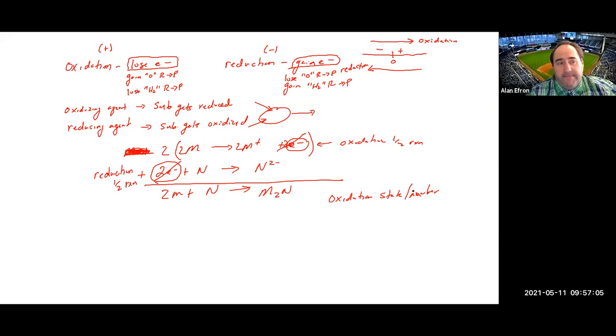A lot of times people have in their head the charges we associate with the non-metals in an ionic compound when they're hooked up with a metal. Like, for example, oxygen is -2, and sulfur is -2, and phosphorus is -3, and nitrogen is -3. Chlorine is -1, and so forth.